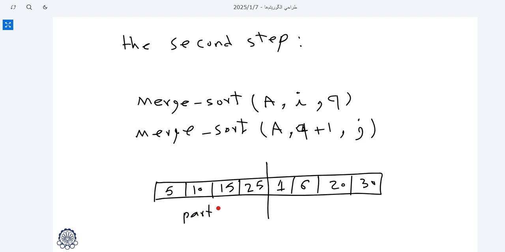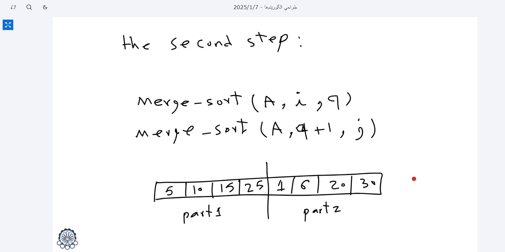In this example, part 1 is sorted, part 2 is also sorted, but if we see the total array, it is not sorted. While the first part is sorted and the second part is sorted, the total array is not sorted.